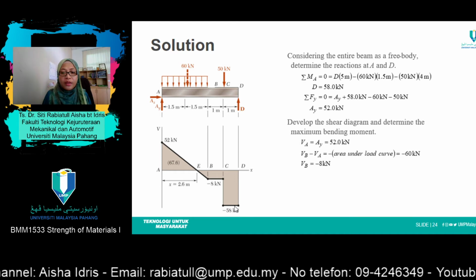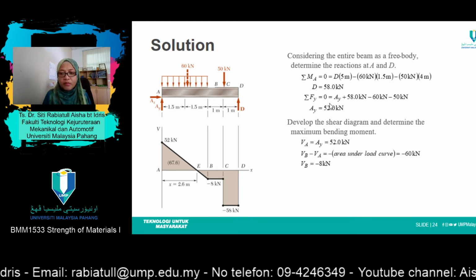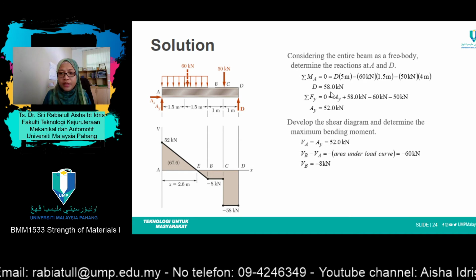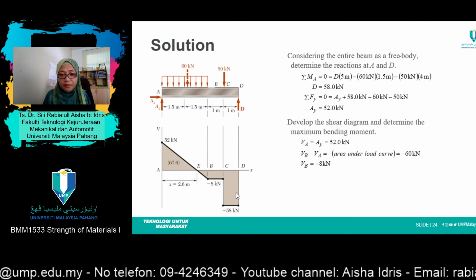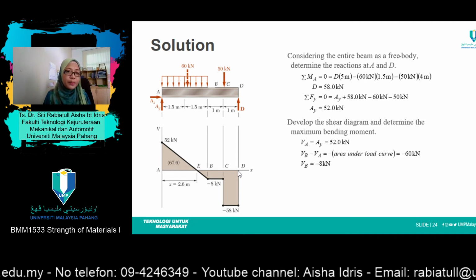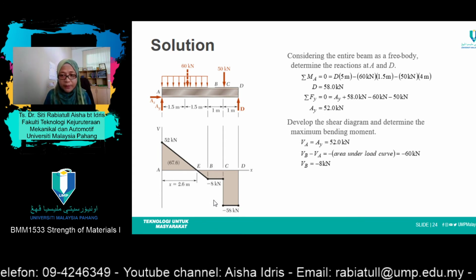And then at point D, if you look back, it equals 58 kilonewton moving upwards, so it equals 0 at this point. So this is the shear force and bending moment diagram.